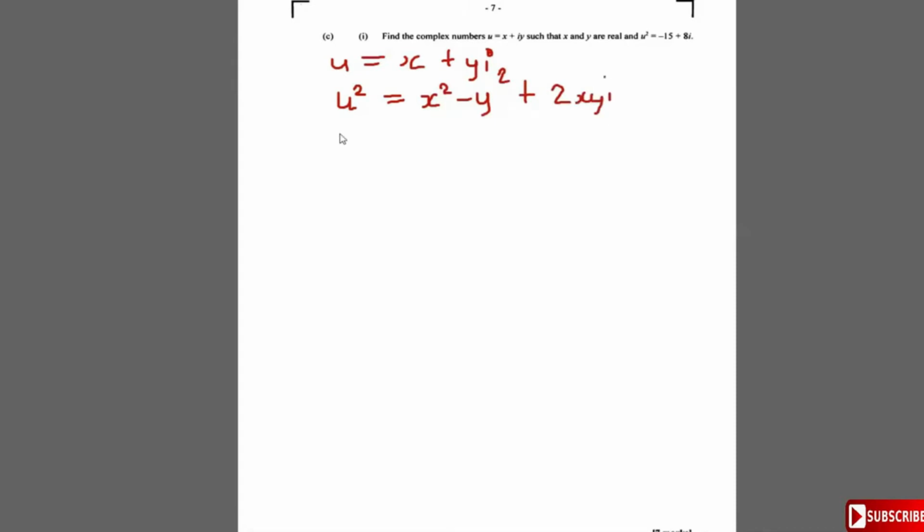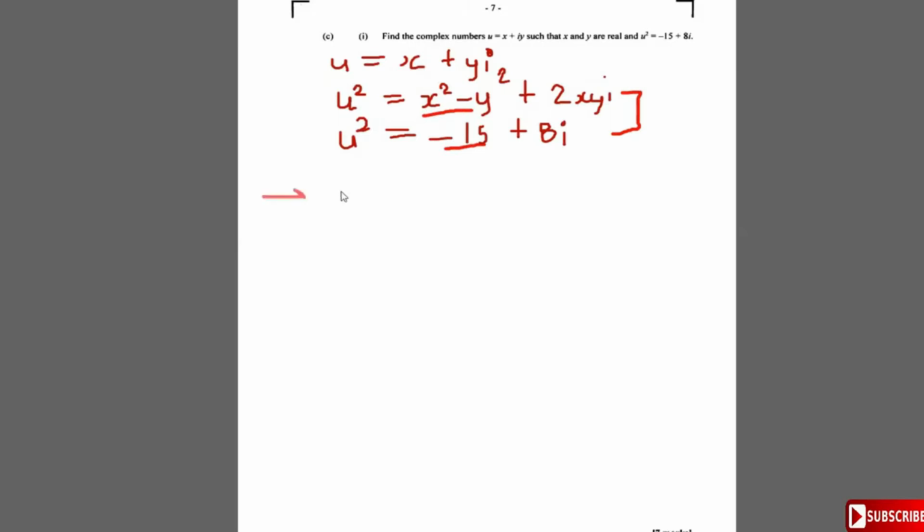But look at this, u squared is also equal to minus 15 plus 8i. Now, since these two complex numbers are equal, their real parts must be equal, and their imaginary parts must be equal.